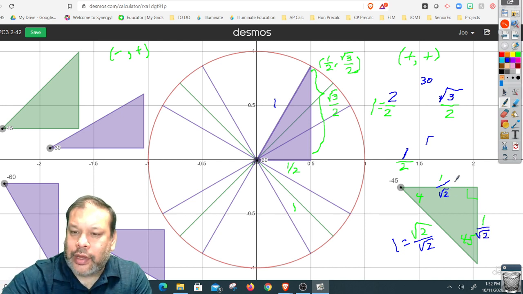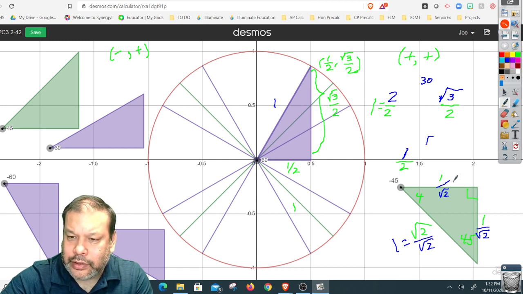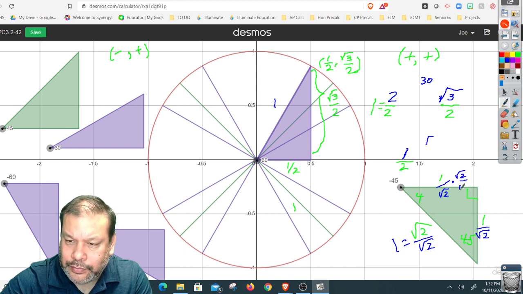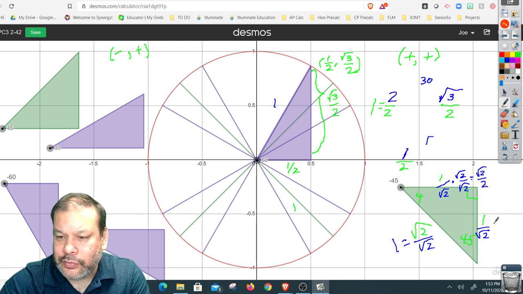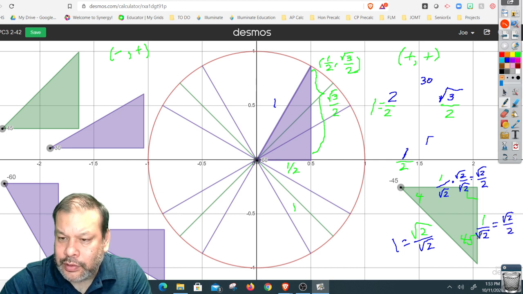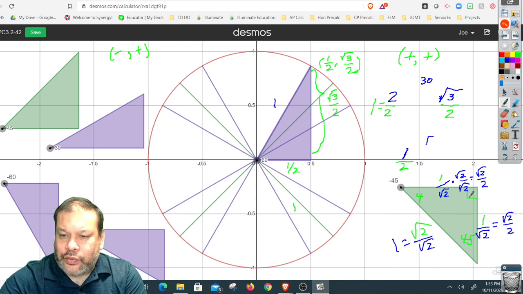And we don't like radicals in the denominator, so we're going to multiply by 1 in the form of square root of 2 over square root of 2, and that equals the square root of 2/2. So that also equals the square root of 2/2. So these are the two equal lengths.